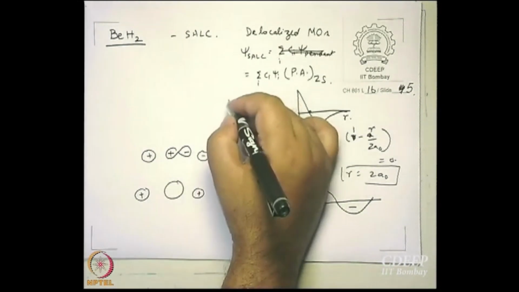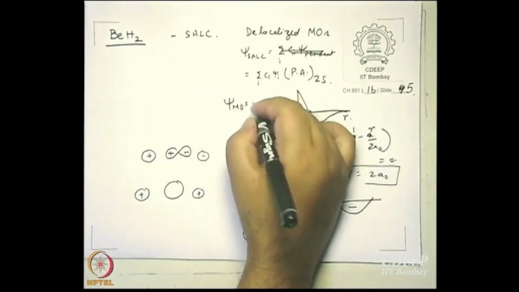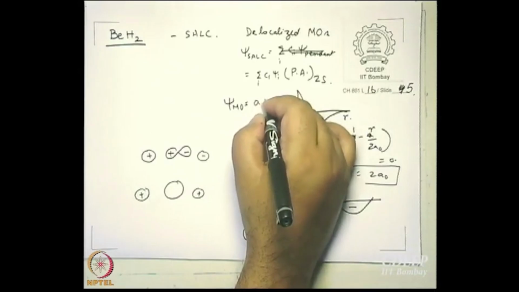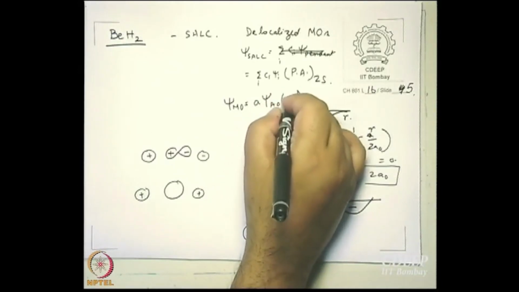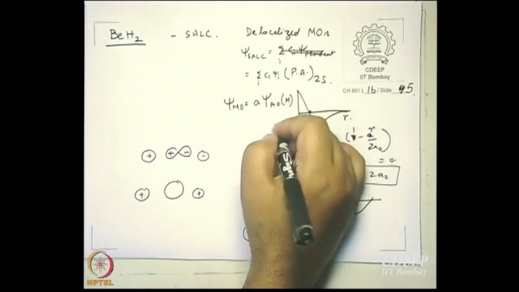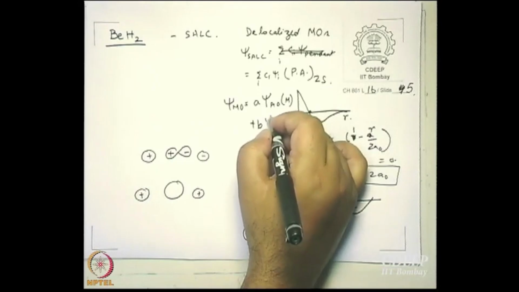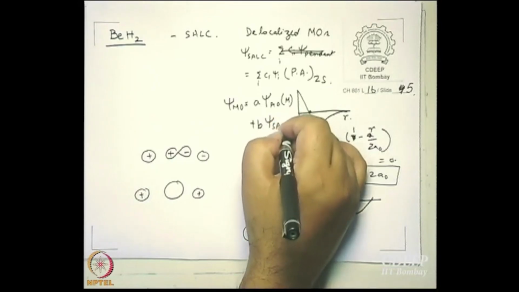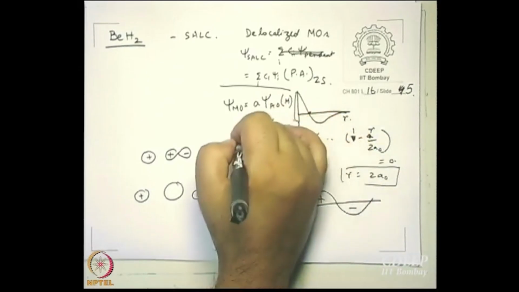And then psi MO should be equal to A psi AO of the central atom, which is written as M, plus B psi SALC. This is how I am going to construct my molecular orbitals.